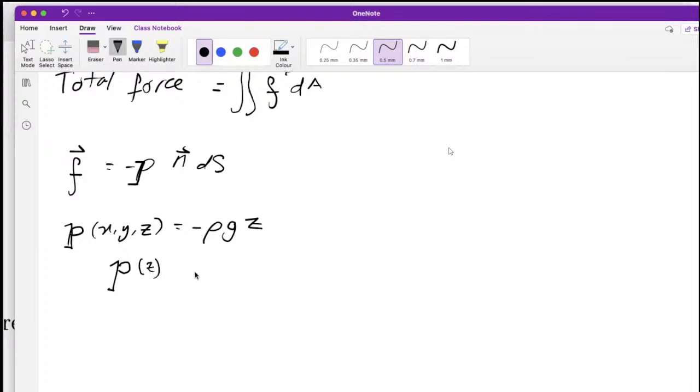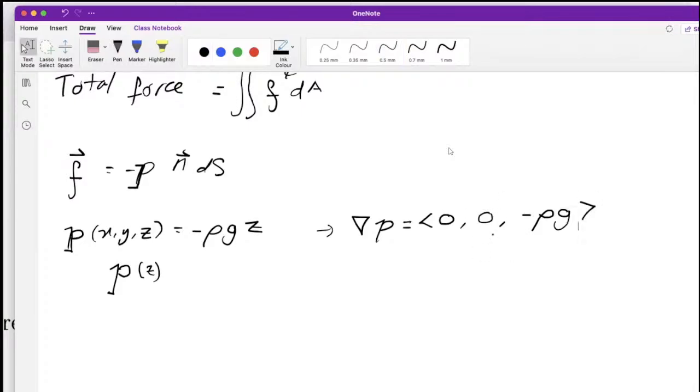Then, in fact, the derivative of p, which is the gradient, I'm going to put this in vector form, only has the term for the z component. Okay, we're going to use this gradient later on.